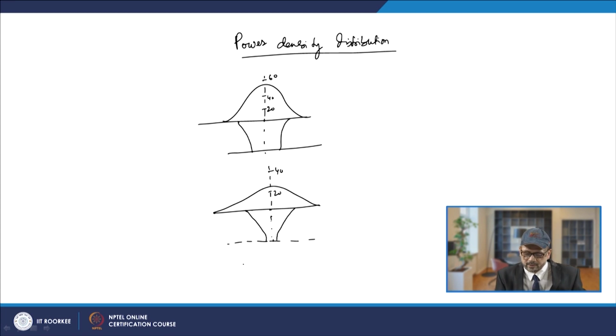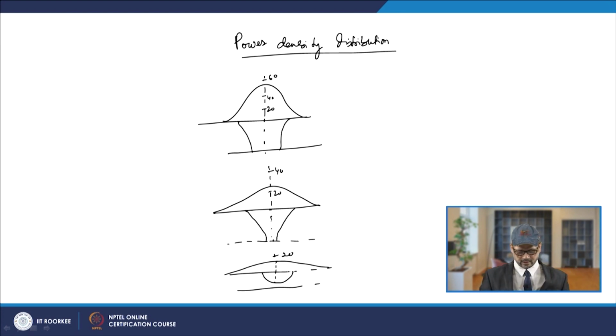Now, if there is a further change in the power density distribution, and it comes to say a shape that is further less, it is coming like this. So, this is 20 watt per meter square. In that case, your weld pool becomes like this.